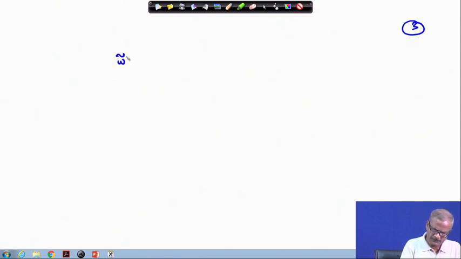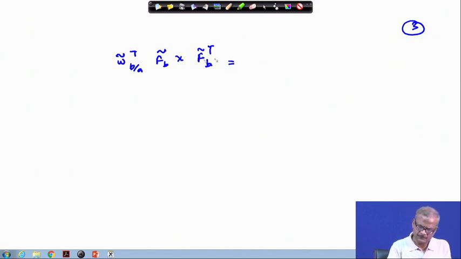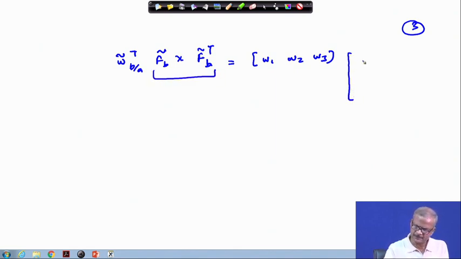So, we have to get this quantity omega b slash a transpose f b cross f transpose b. Okay. If you write this quantity, we have already written omega 1, omega 2, omega 3, and this is f b cross. So, this quantity together, if you multiply, will get reduced to the format where f b is your f b tilde, a vector.